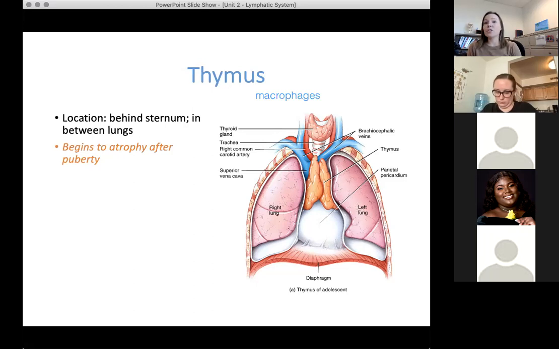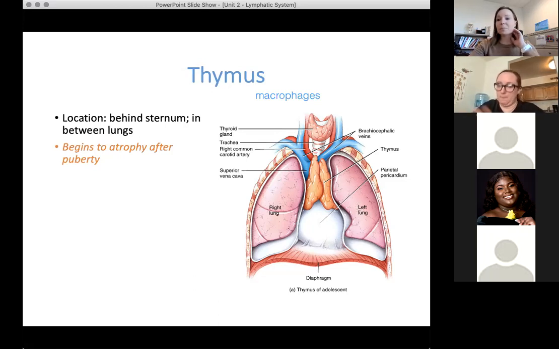As far as the function goes, this is where the T cells, T lymphocytes, mature. This is where they go to develop, where they mature, where they grow. Is that the function for the thymus? Yes. It's where the T cells grow?